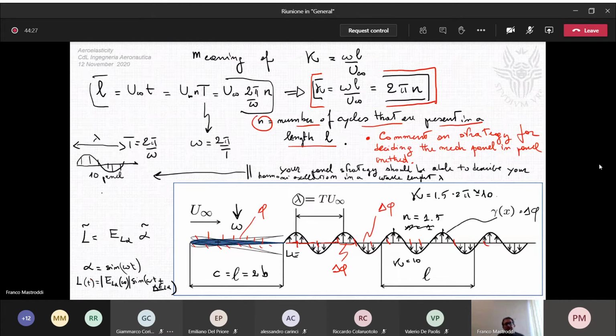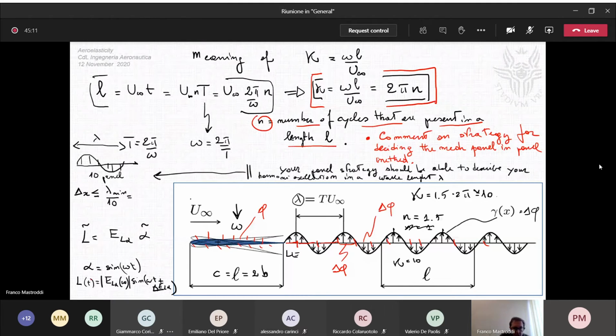This number is like the number 2 for the Shannon theorem, where you accept to have 2 points minimum to represent a wavelength in time. So suppose to have 10, just to be more generous with oversampling. If you decide 10, your delta x of the panel should be less than your lambda minimum divided by 10.